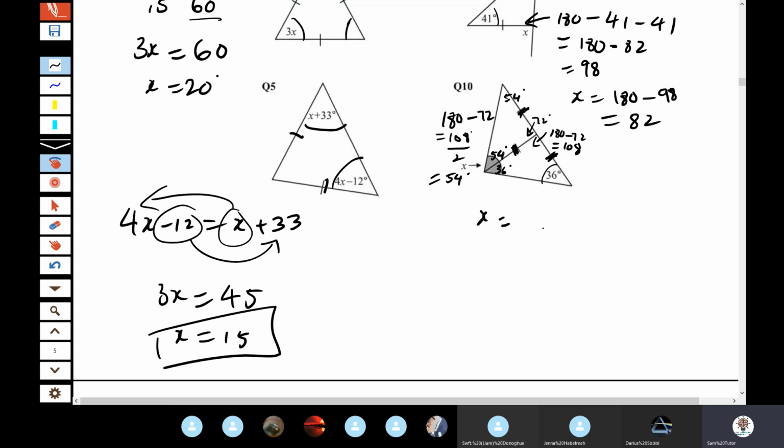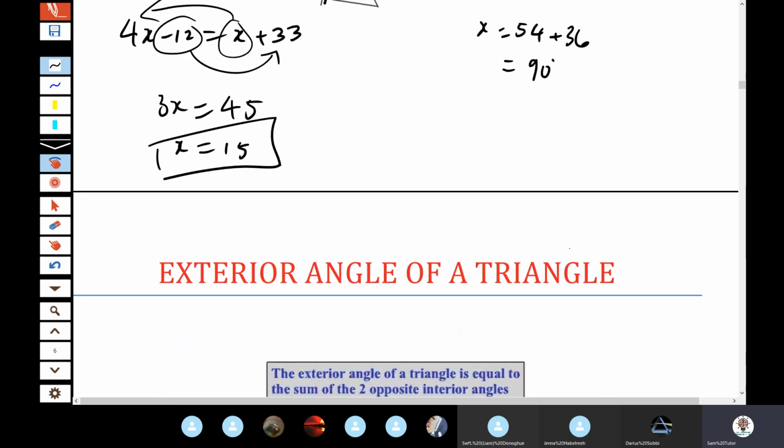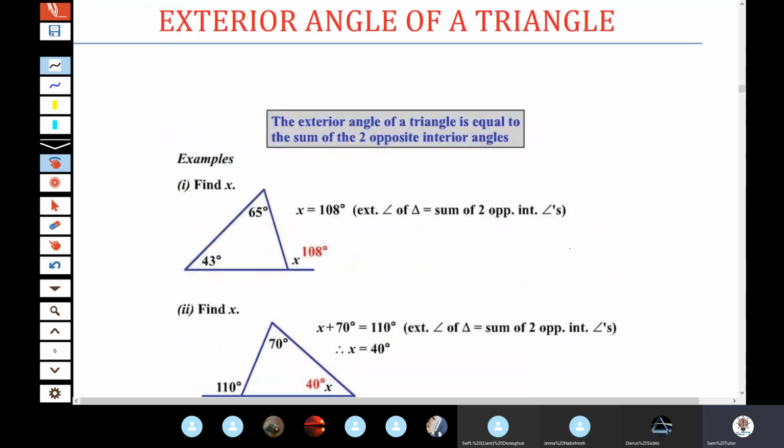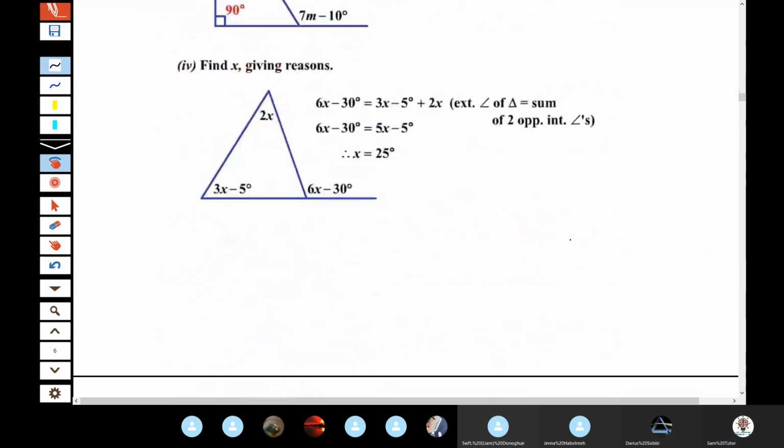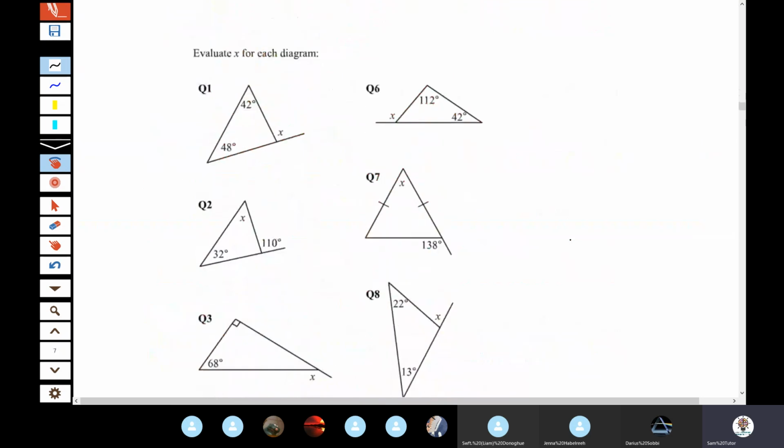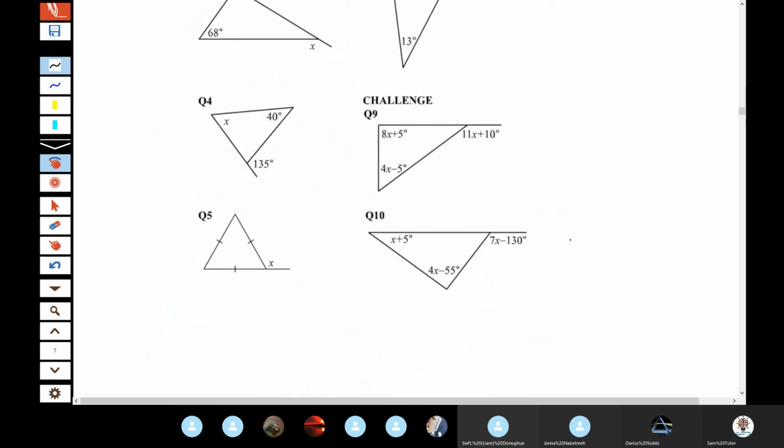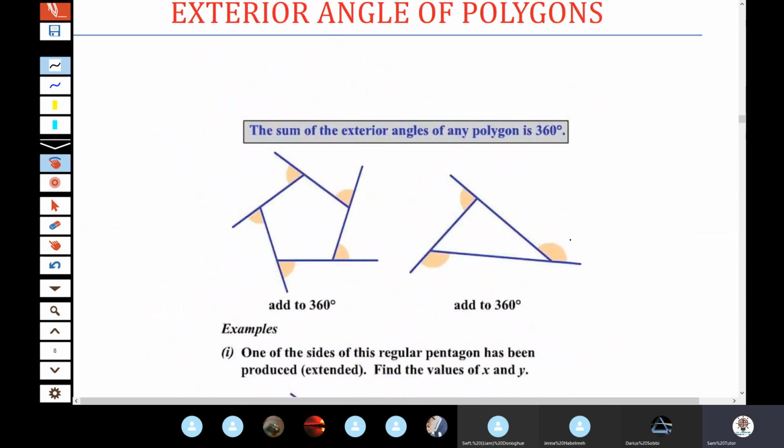And then x equals now, of course, 54 plus 36, which is 90 degrees. All right. Move on. I'll come back to it in a second.